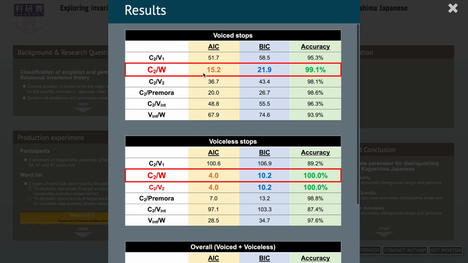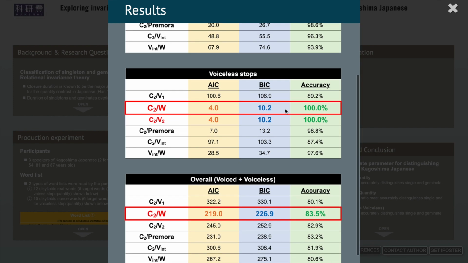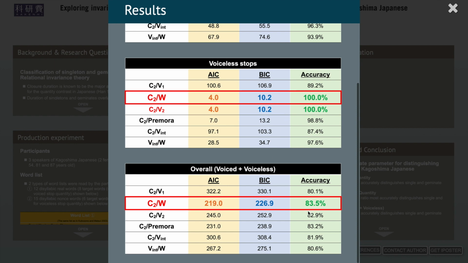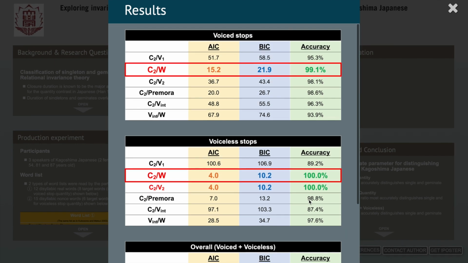So this one and this one and this line. This result is suggesting that CW ratio is the most accurate parameter for singleton and geminate distinction in Kagoshima Japanese.